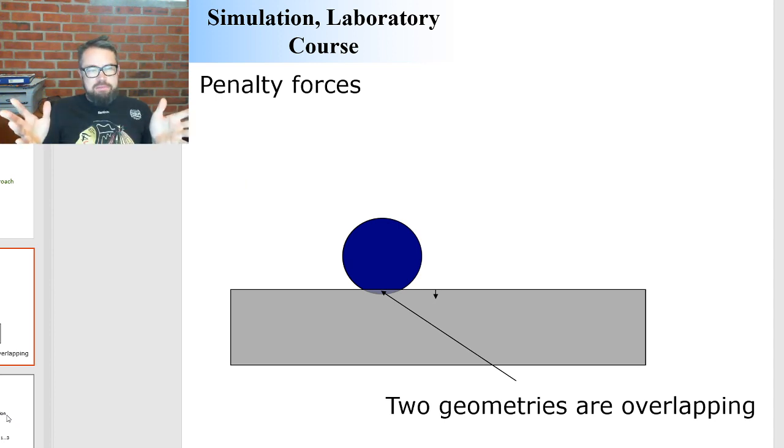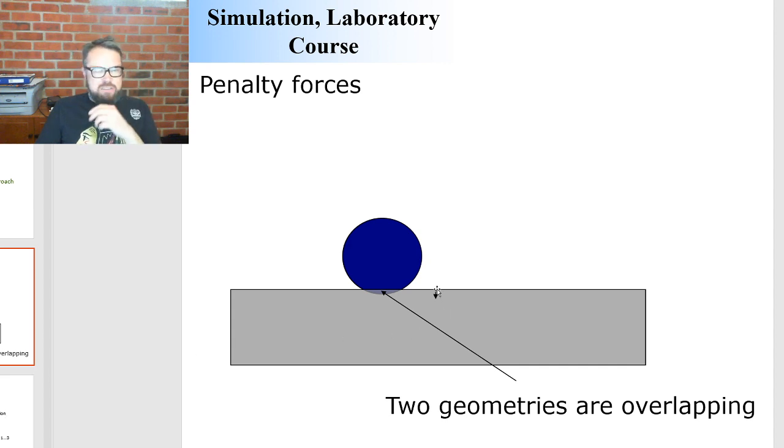Now the penalty force method is all about indentation. It's about allowing two rigid bodies to penetrate, to overlap, which of course in reality is not something that takes place, but this method actually allows two rigid bodies to overlap. This overlapping will be measured.